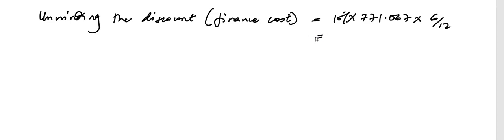My calculator gives me 38.55 M. That's the unwinding of the discount, in other words, the finance cost on that PV.